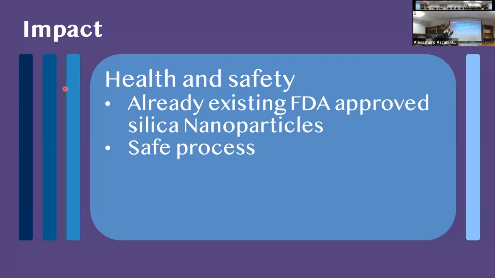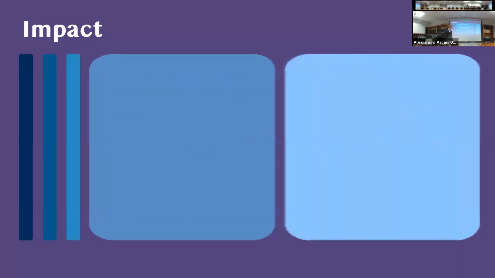However, this paves the way for us to have FDA approval, since our particles are also made of silica, which has already been shown to be biocompatible and usable for this type of application. Finally, this is a safe process that does not harm either the researchers or the environment, as said earlier.